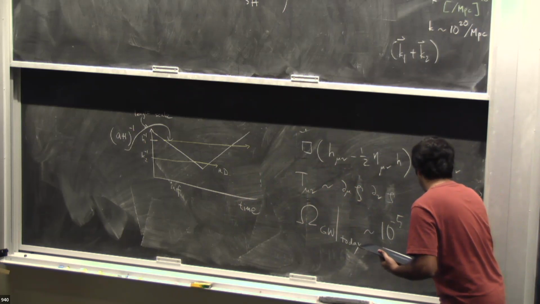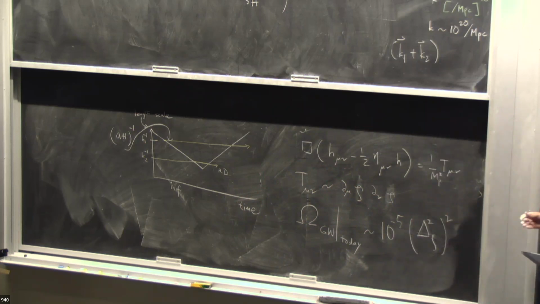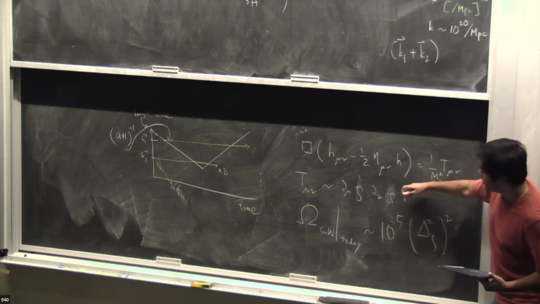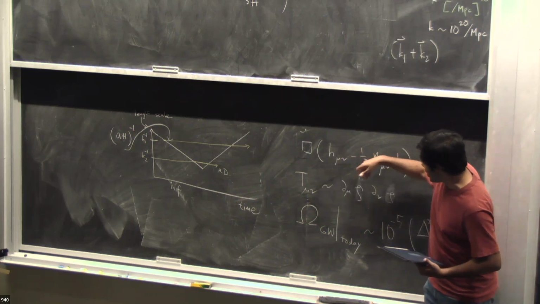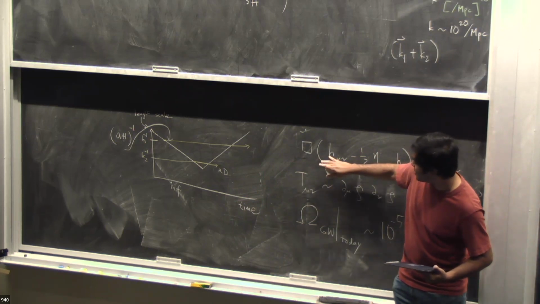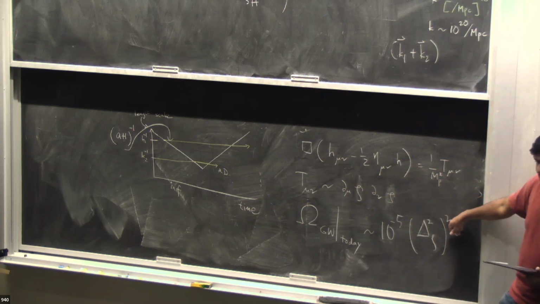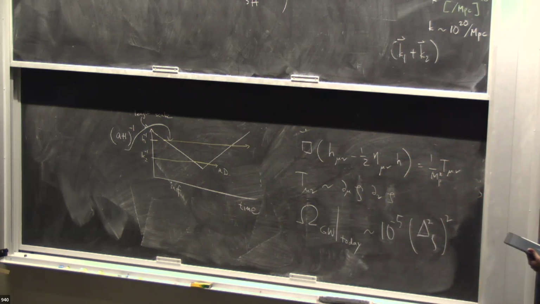But there is this extra contribution coming from this effect. So T mu nu is quadratic in zeta, but the energy density itself is quadratic in h. So h squared is basically sensitive to 4 powers of zeta. That's why you have the power spectrum squared.